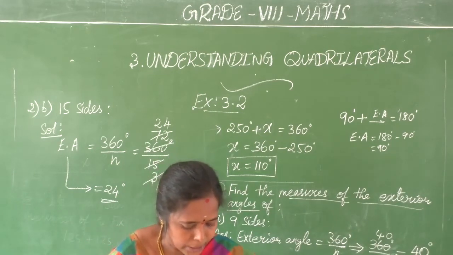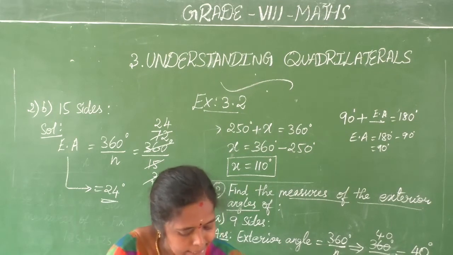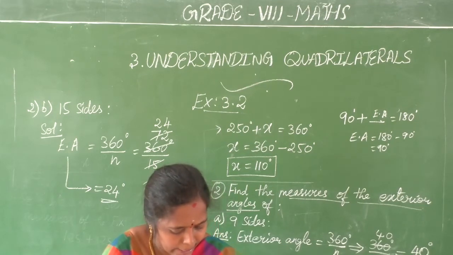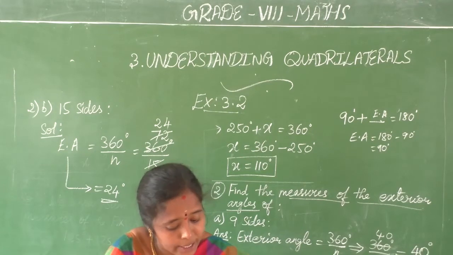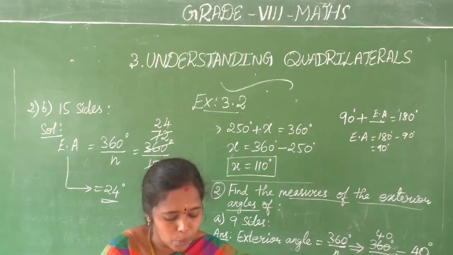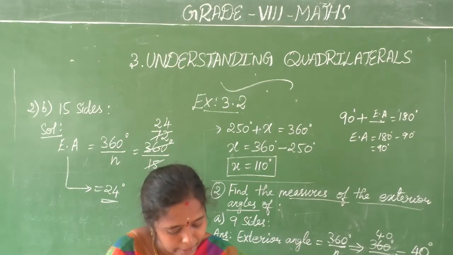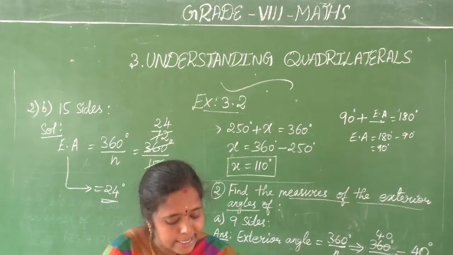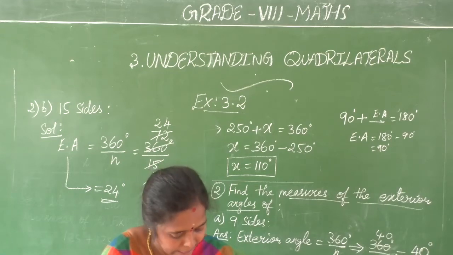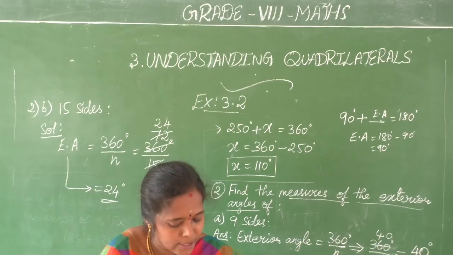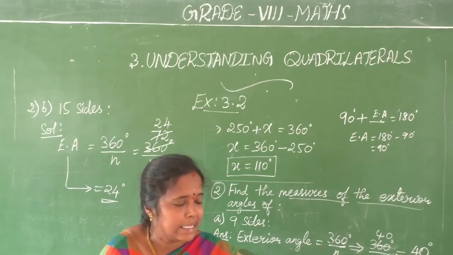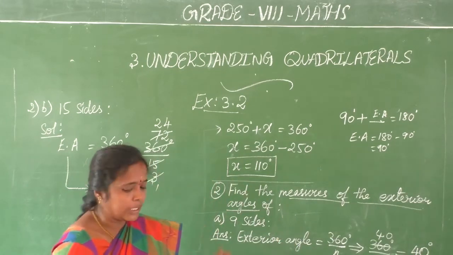See, third question. How many sides does a regular polygon have if the measure of an exterior angle is 24 degree? What is given here? See, what is the difference between the second question and the third question?